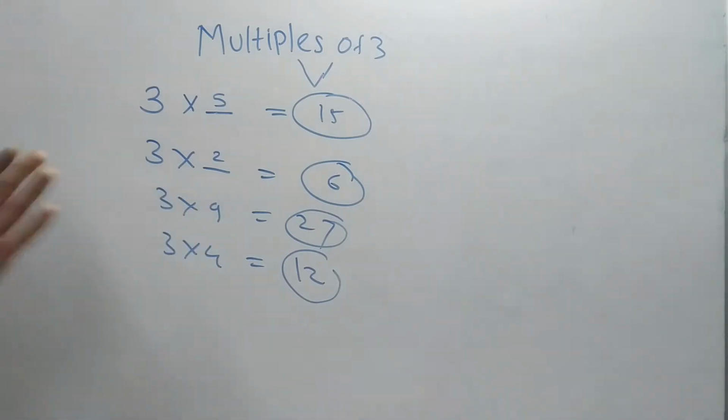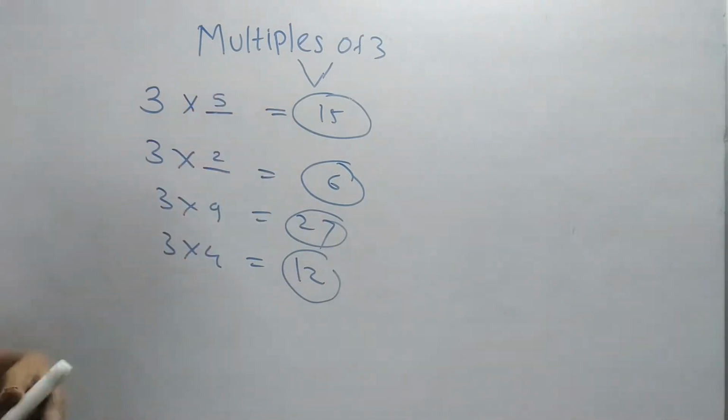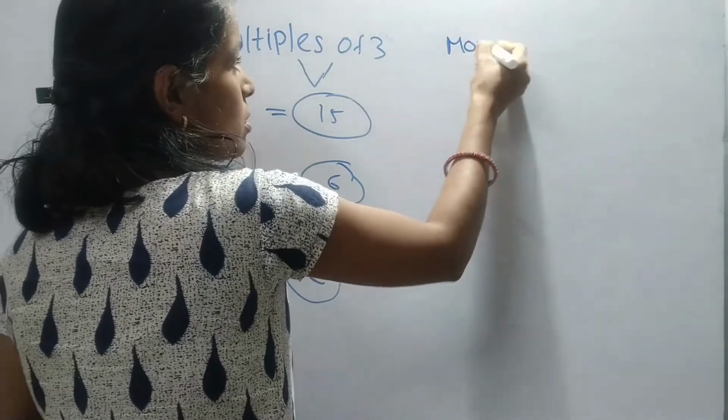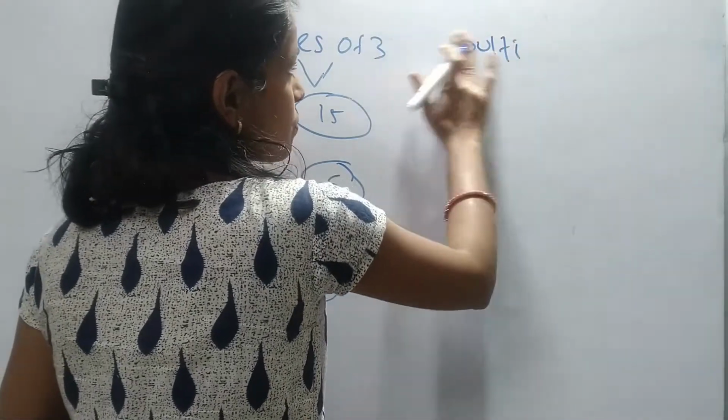Now we have to study about the common multiple. Suppose here I have written the multiples of 3, and now I am writing the multiples of 5.